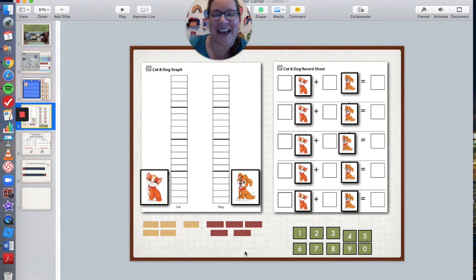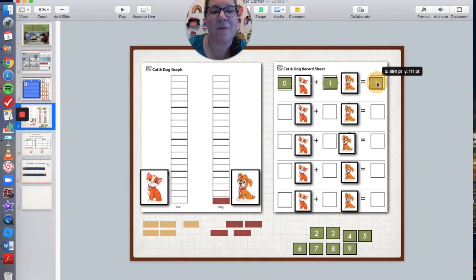We had 1 dog, so Miss Morris is going to put a 1 by the dog. How many cats did we have today? None, 0. So 0 cats plus 1 dog equals how many cats and dogs? 1, you're right. Miss Morris is going to make another one and plug that in.